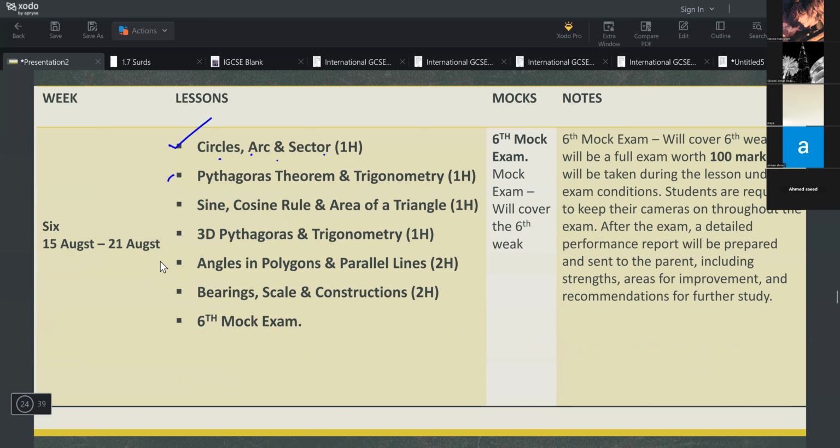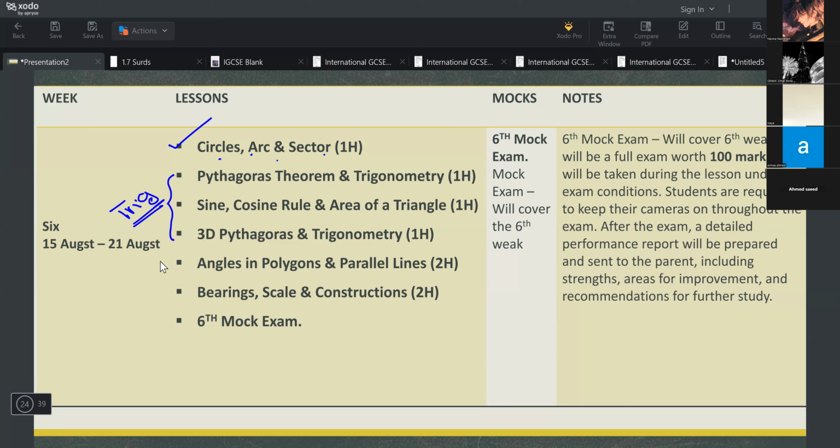And all trigonometry: Pythagoras and trigonometry, sine and cosine rule, area of a triangle, and 3D Pythagoras. These are 3 lessons of trigonometry, and we will do all 3 lessons in 1 session, inshallah.